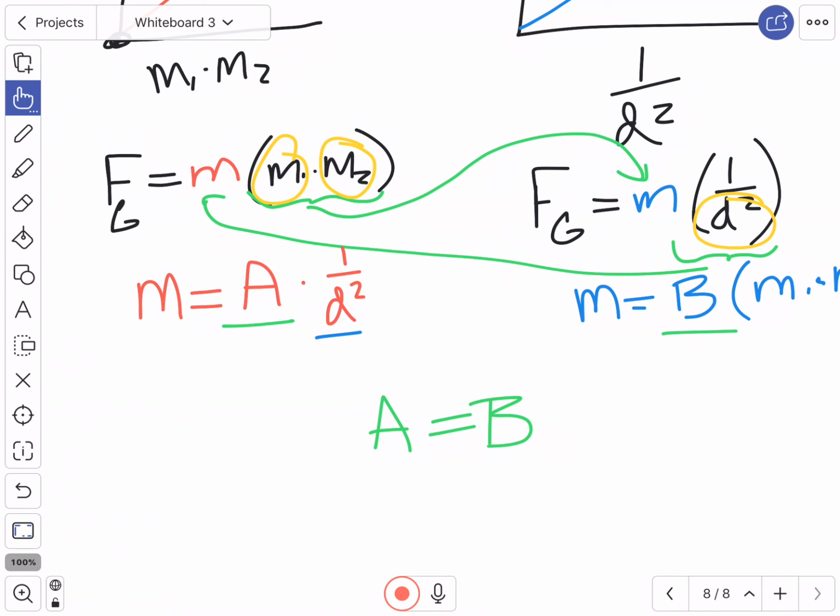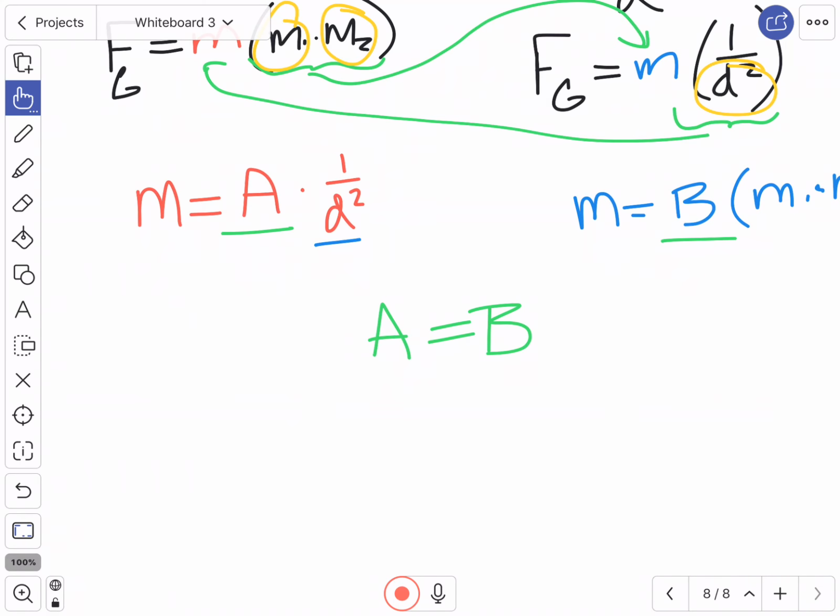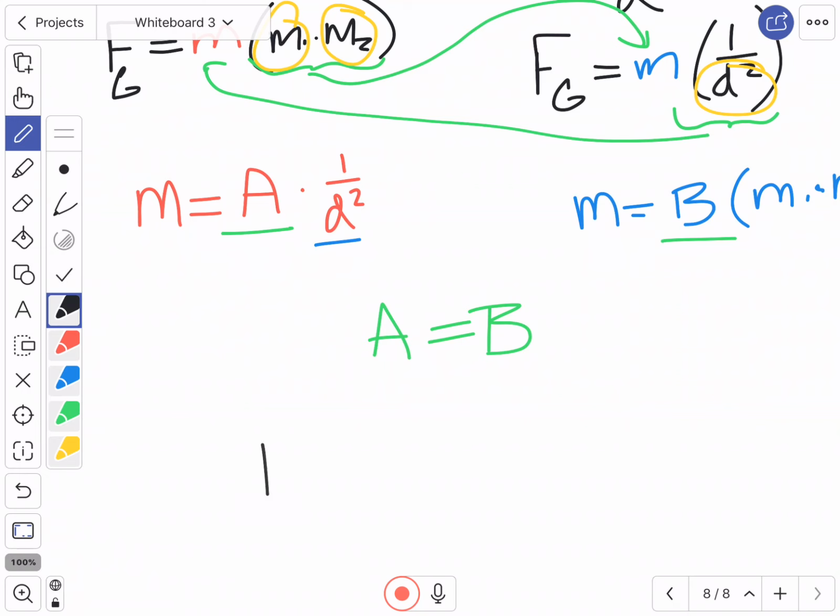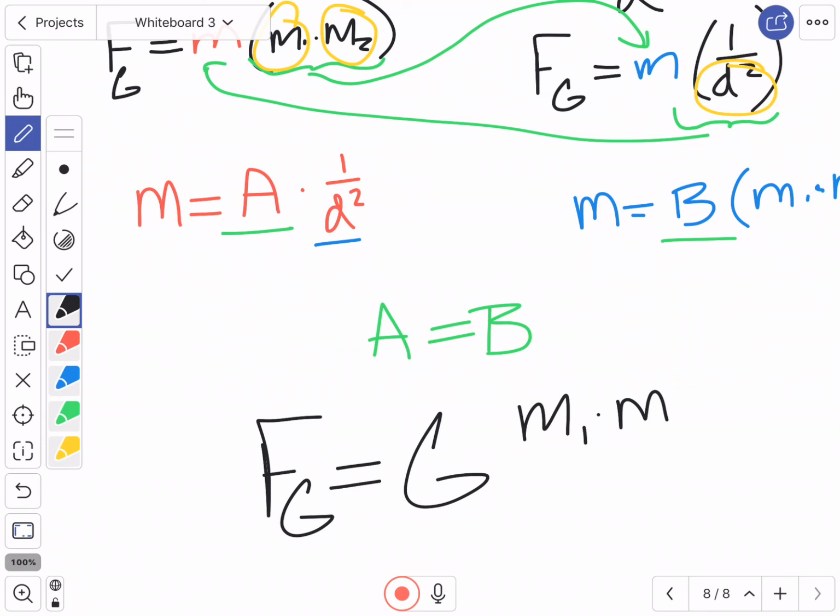And that is that the force of gravity between any two objects that have mass is capital G m1 times m2 over, I think on the equation sheet it's r squared. Yep, it's r squared. This r is just the distance between them.